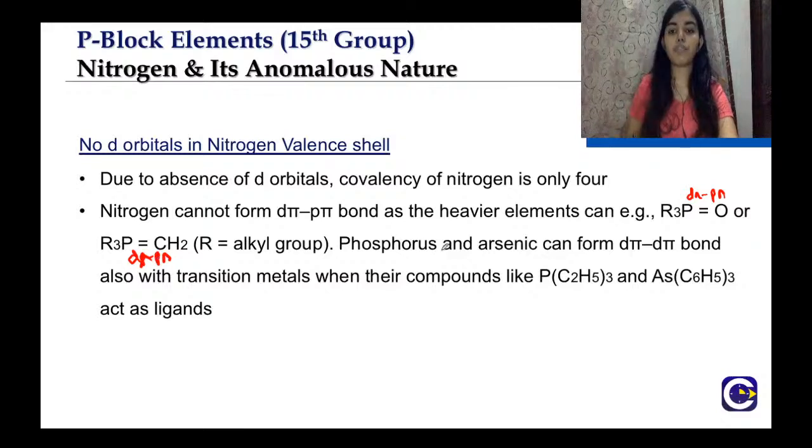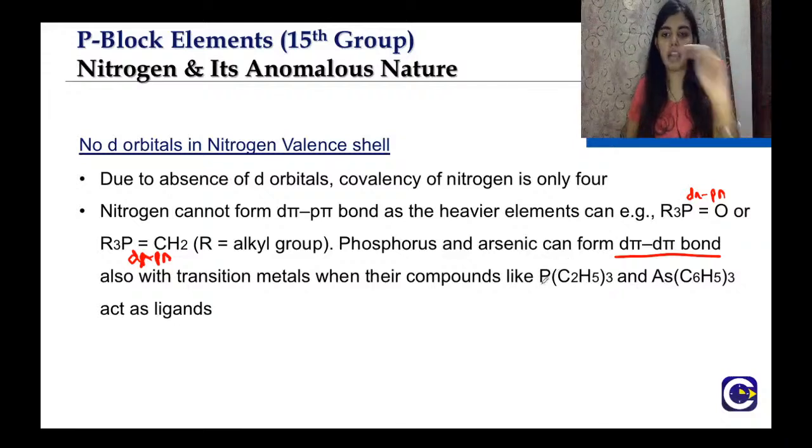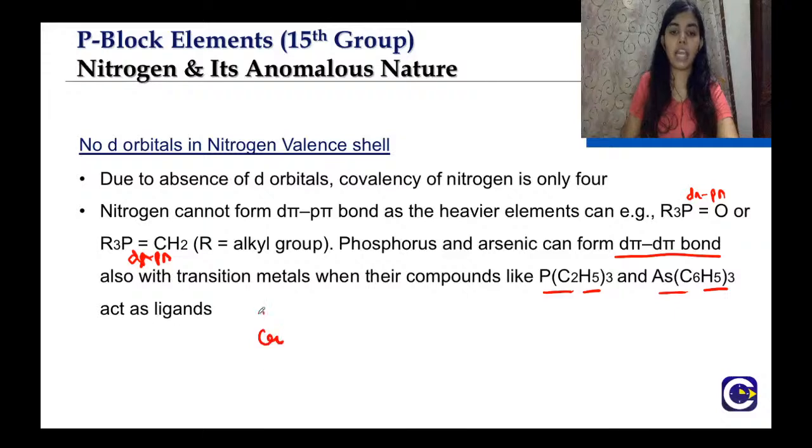Phosphorus and arsenic can form d-pi bonds also with transition metals. So compounds like this act as ligands, in coordination chemistry we will learn that. For example, let us say chromium is here, it will use its d orbital, and this particular compound of phosphorus will also use its d orbitals, and they will form a type of d-pi bond. So such compounds are known as what?